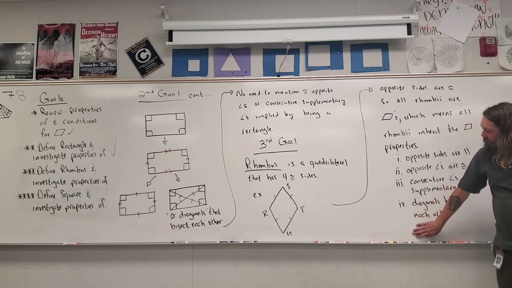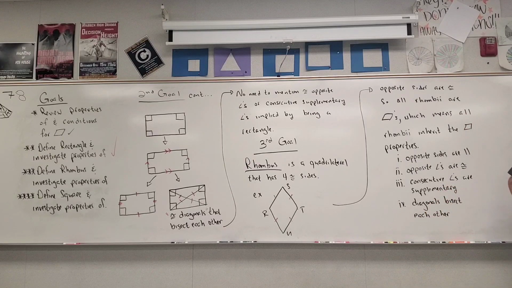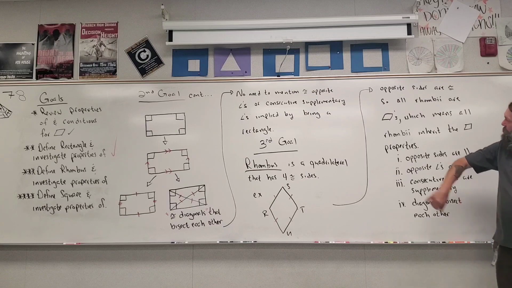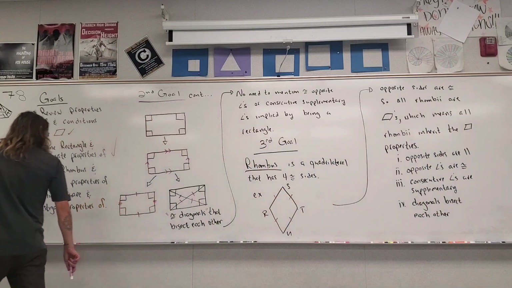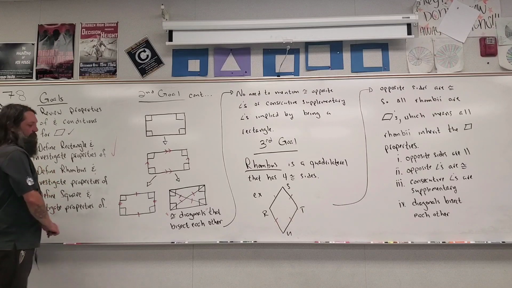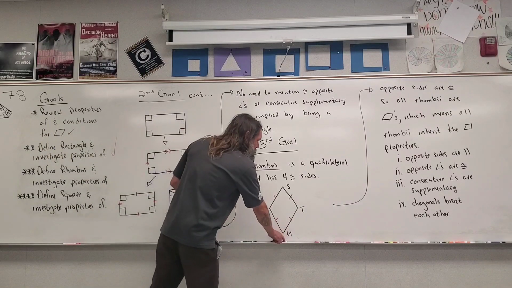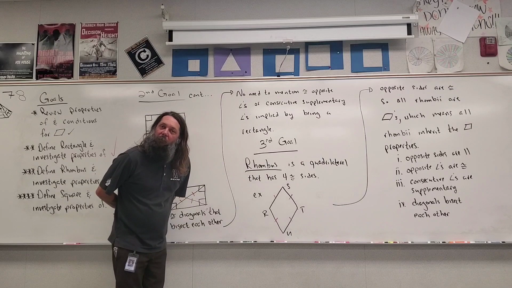I left out opposite sides are congruent because that's what it means to be a rhombus, and that's what got us to a parallelogram. I'm going to come back and talk about how we're going to investigate the properties of the rhombus, so let me clean all this up and I'll be back.